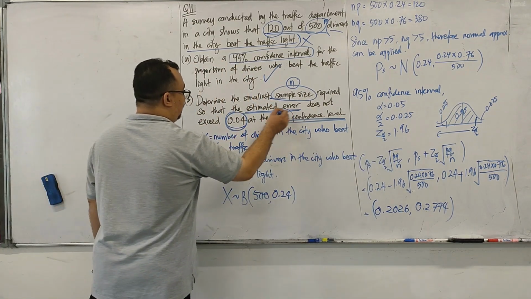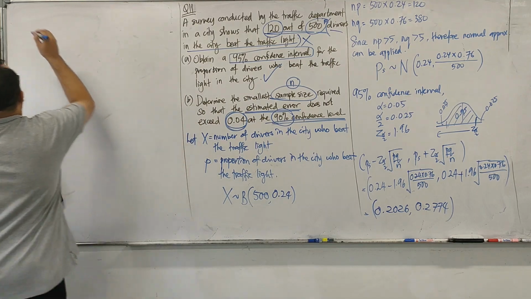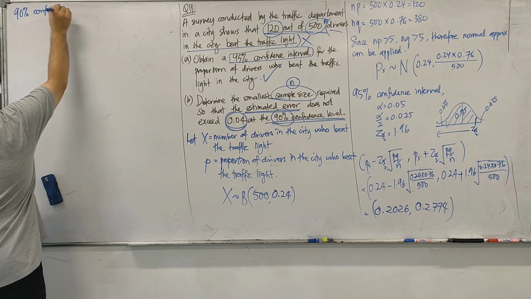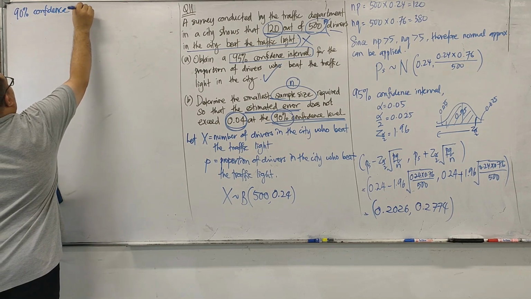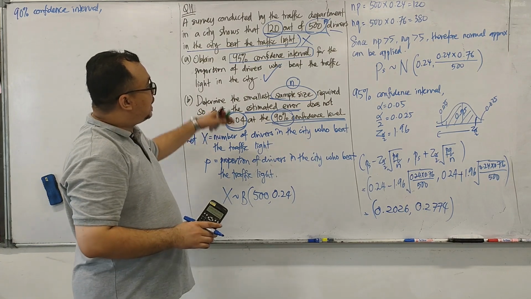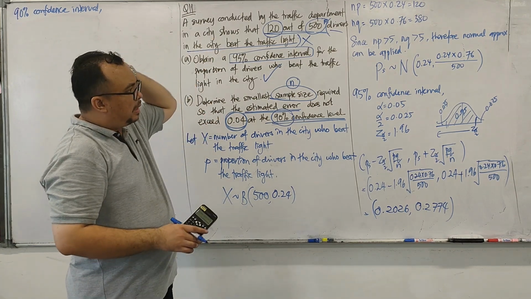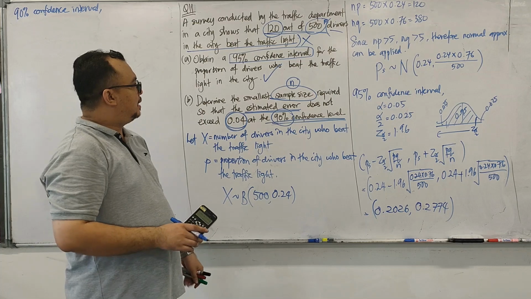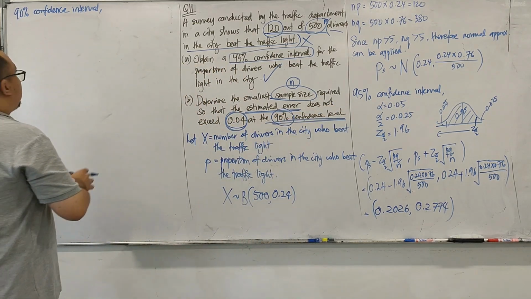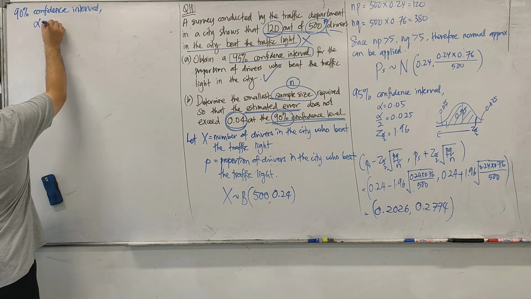Now we change our confidence level. So 90% confidence level. Okay. So awak tak perlu nak define yang sama daripada awal, because daripada awal semua benda masih sama. We are changing our confidence level sahaja. So my alpha is 0.1, 10%.